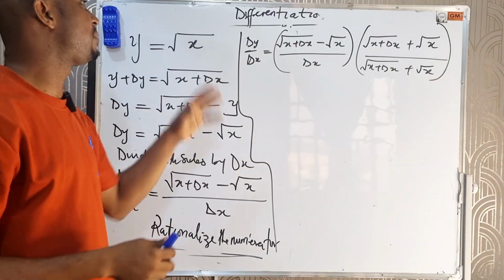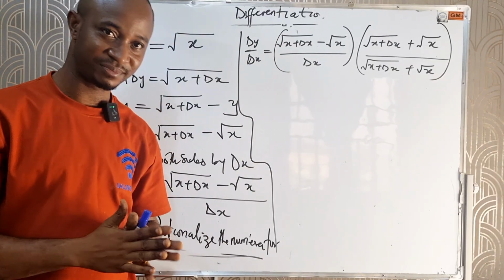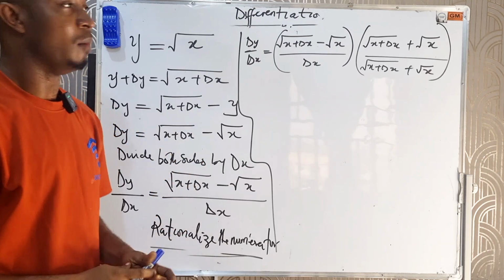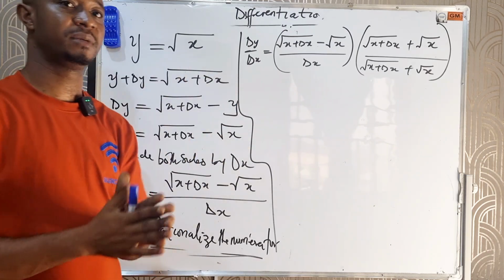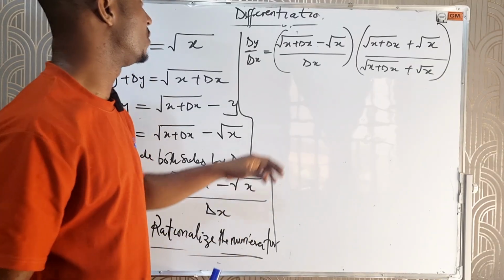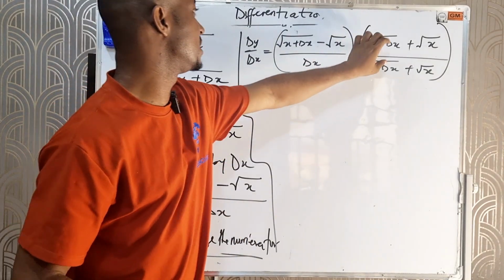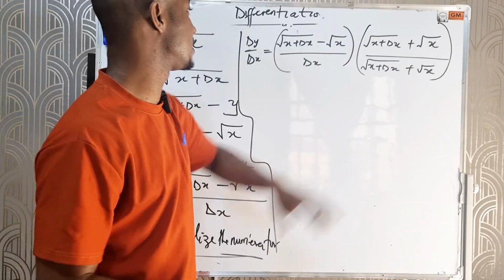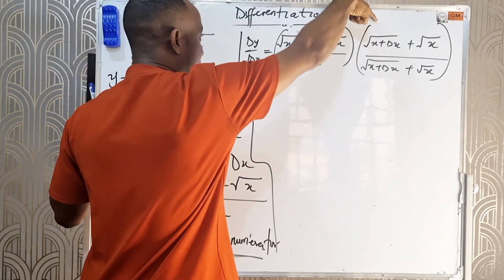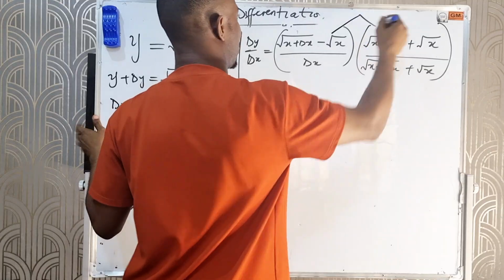This is only possible in first principle. In normal sums, we rationalize the denominator. But when it comes to differentiation under first principle, we have to rationalize the numerator. That is just the principle. So multiply this and this with the conjugate of this, which is this and this. Now, we have seen that these two are conjugates.